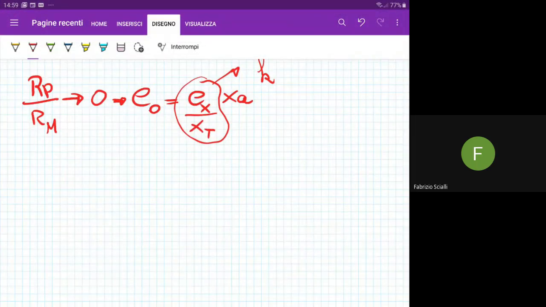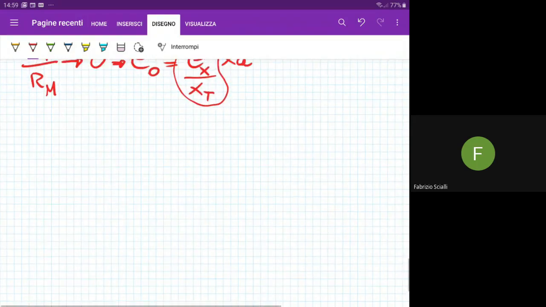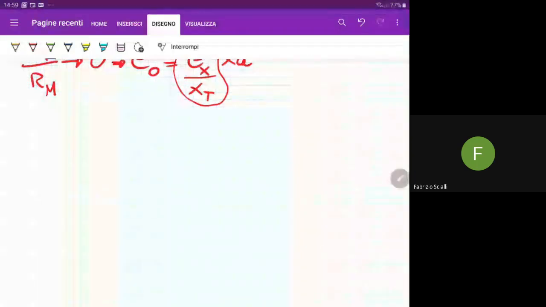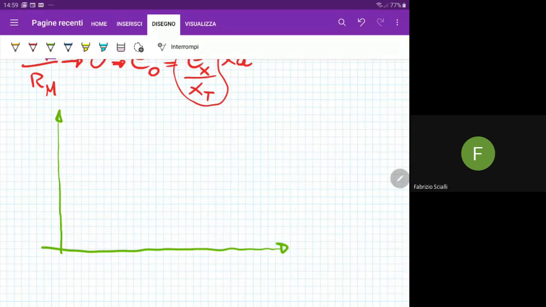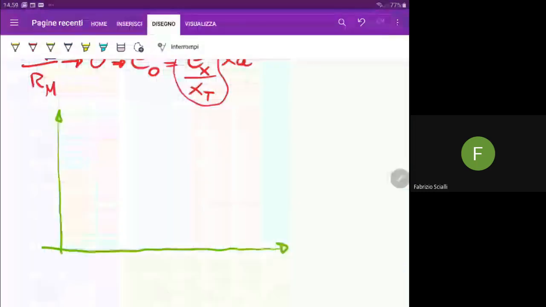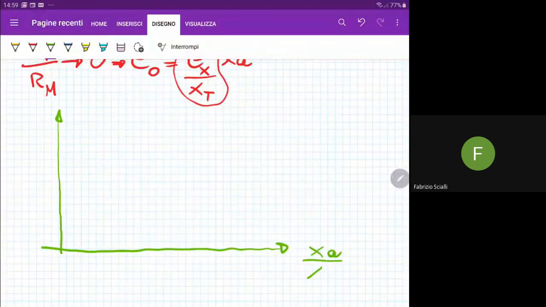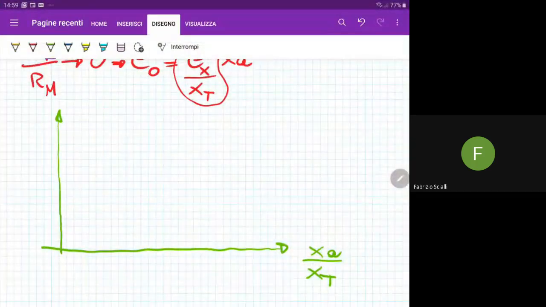by this chart. Let me write a diagram like this. The X-axis is the ratio of the actual displacement with respect to the total displacement, so in this chart we are ranging from 0 to 1.